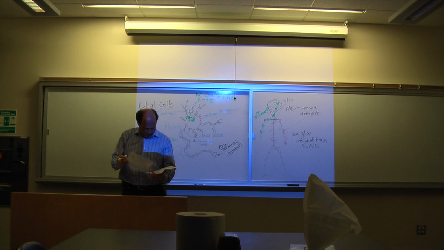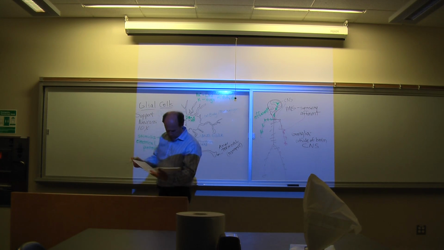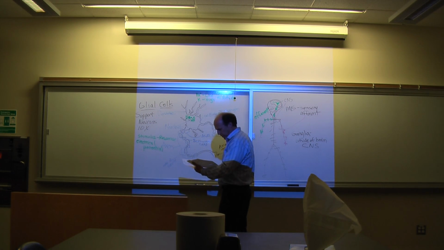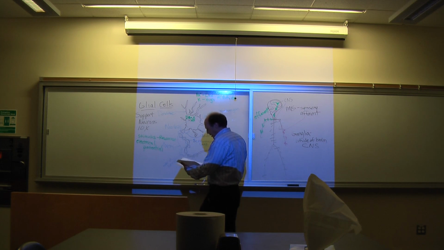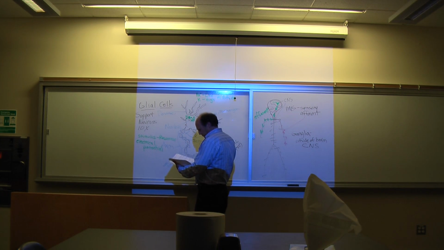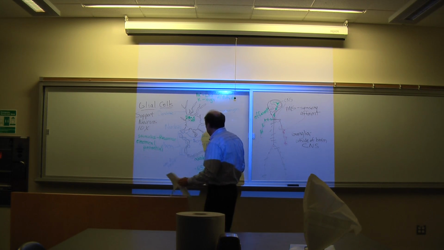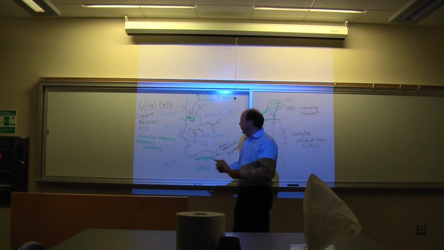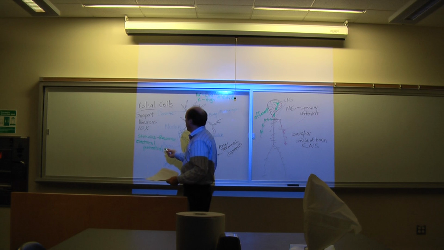Here we go. Electrical potential difference of that axolemma is minus 65 millivolts. So there really is something electrical that you can measure with these cells.